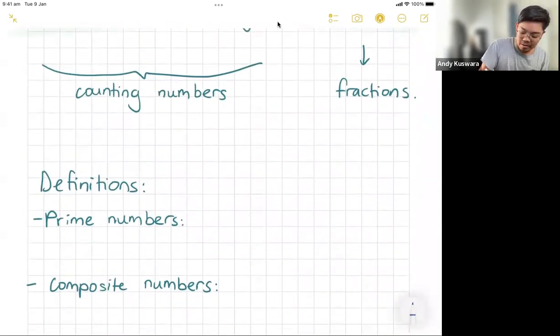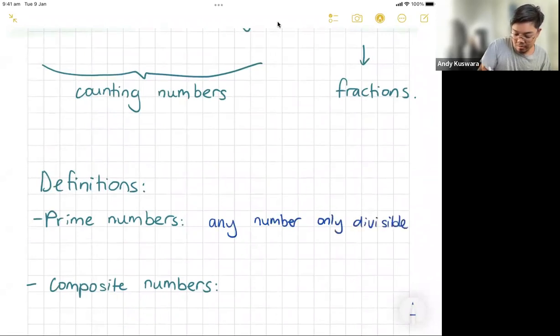Now, a couple of things that you'll need to know. First thing is a prime number is basically any number only divisible by one and itself. And composite, the easiest way to write this is basically it's not a prime.